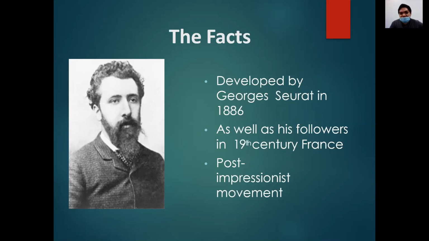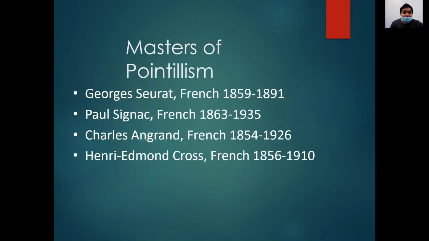Who are the other masters of pointillism after Seurat? We have Paul Signac, also in France, Ingrid Charles, and Edmond Cross Henry. These are the people who are very popular in terms of pointillism paintings.